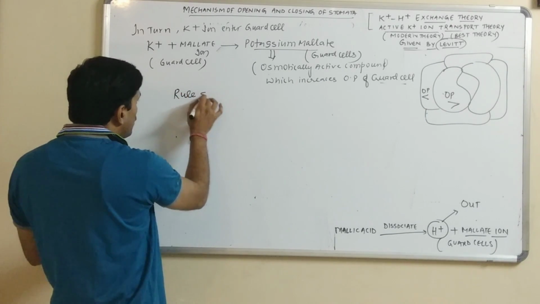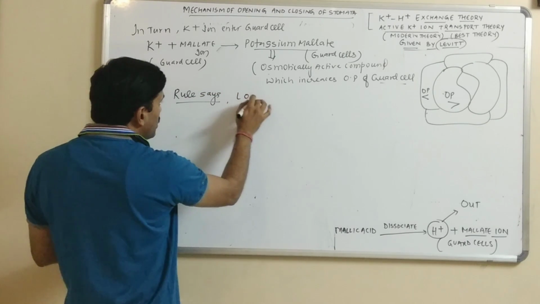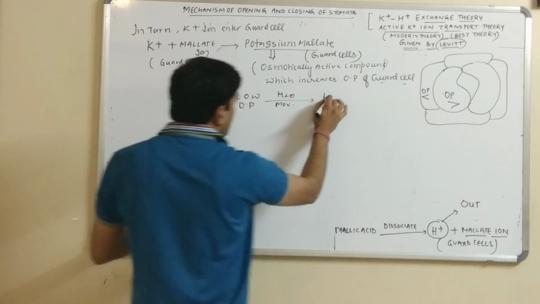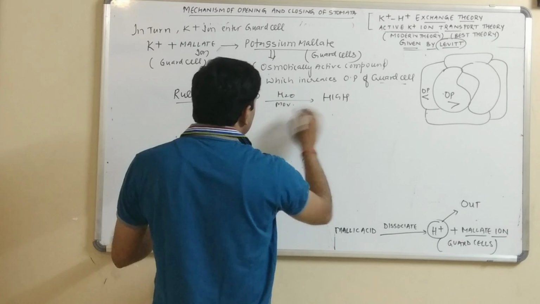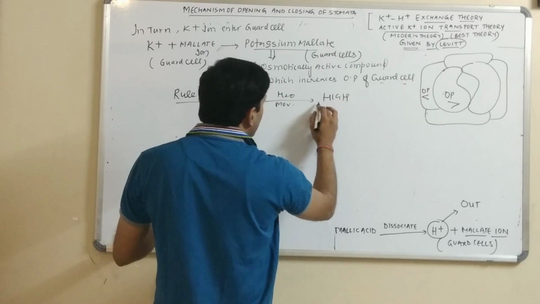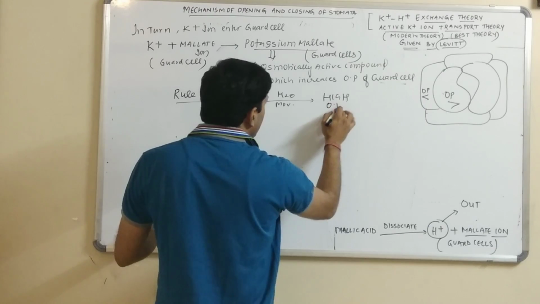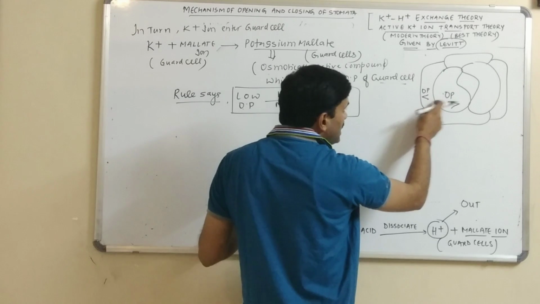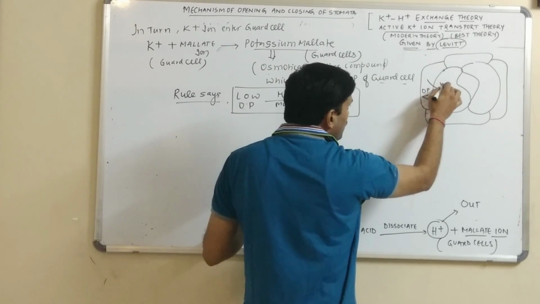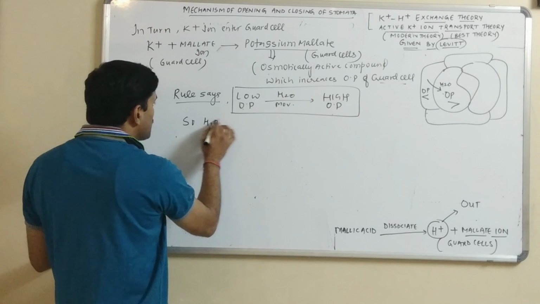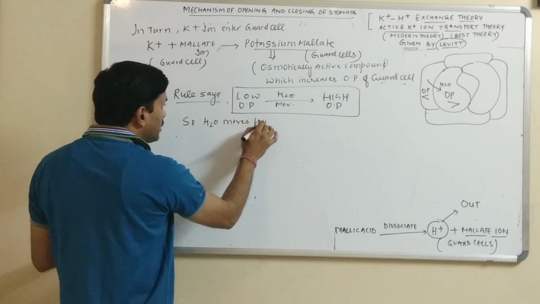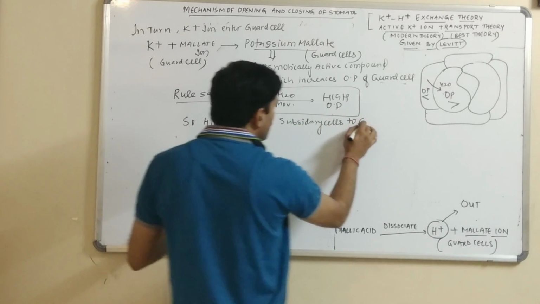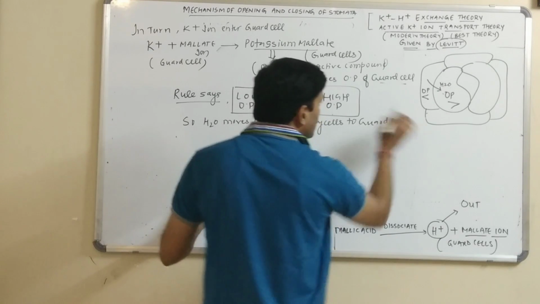Now the rule says that water moves from low OP to high OP. You have already discussed this in my videos: water always moves from low OP to high OP. So here the OP is low, here the OP is high. So water moves from the subsidiary cells to the guard cell, from outside to inside.